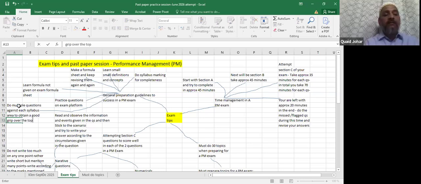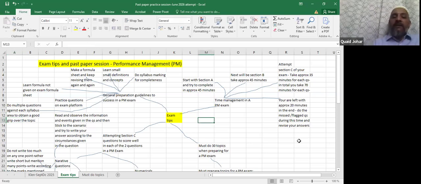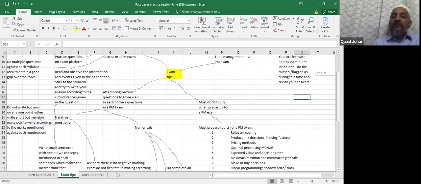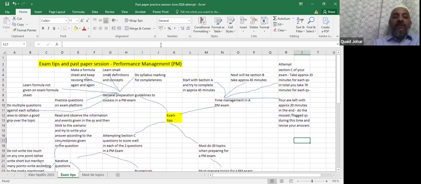So as I said earlier, the main tip is practice, practice, practice. So once you do practice, you do mock exams. So for time management purposes, do a mock exam. By doing a mock exam, you will be able to get acquainted with the time aspect, right? So you'll be able to do the time management properly.